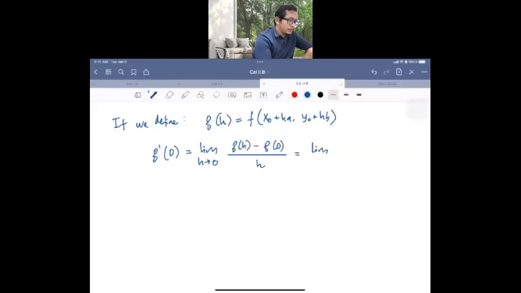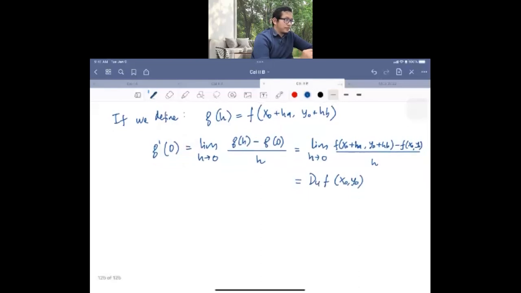Or we can write it in a clearer way: f(x0 + ha, y0 + hb) minus f(x0, y0). And this will be equal to our directional derivative, right?